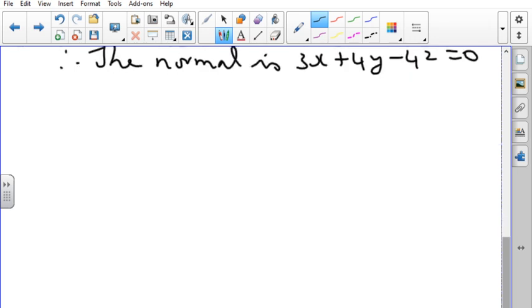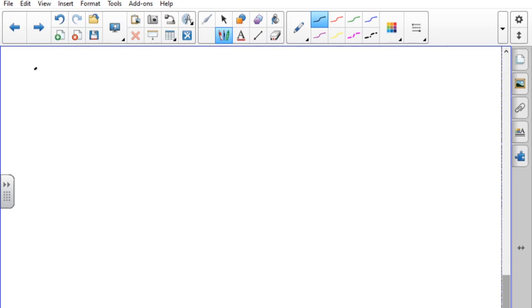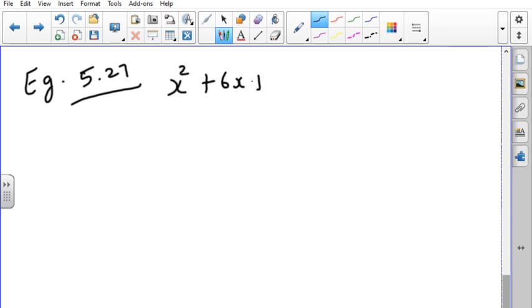Find the equations of tangent and normal to the parabola x square plus 6x plus 4y plus 5 is equal to 0 at the point 1 comma minus 3. So here we have to find the equation of the tangent and the normal.